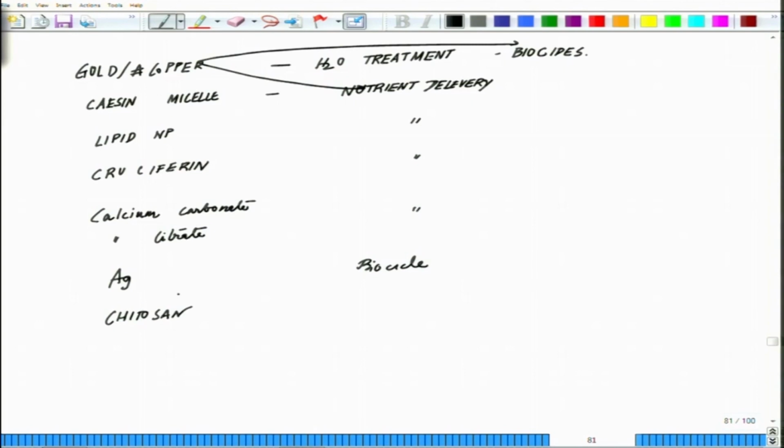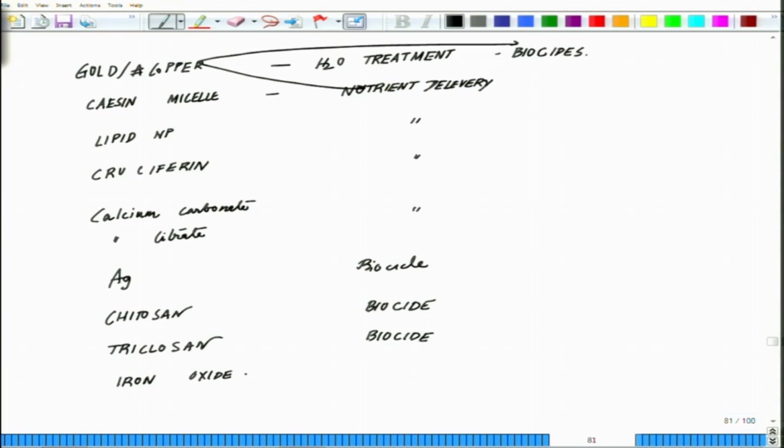Similarly, there is another molecule called triclosan. Triclosan has anti-malarial activity, and triclosan is also used as a biocide. Then iron oxide nanomaterial, and this is not an exhaustive list; these are some of the examples I am putting forward.